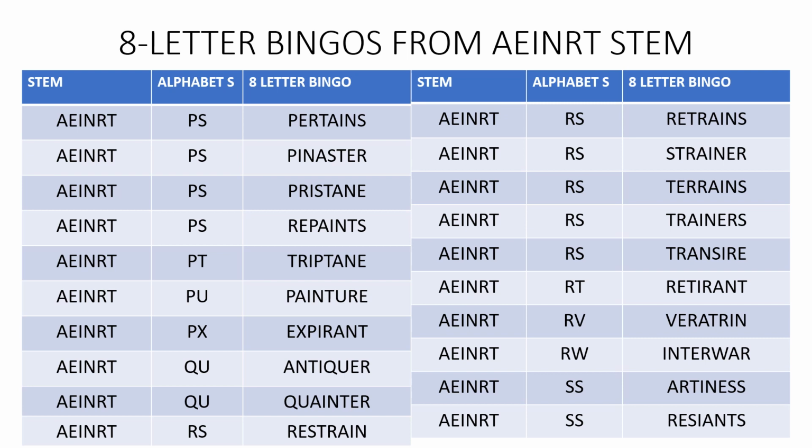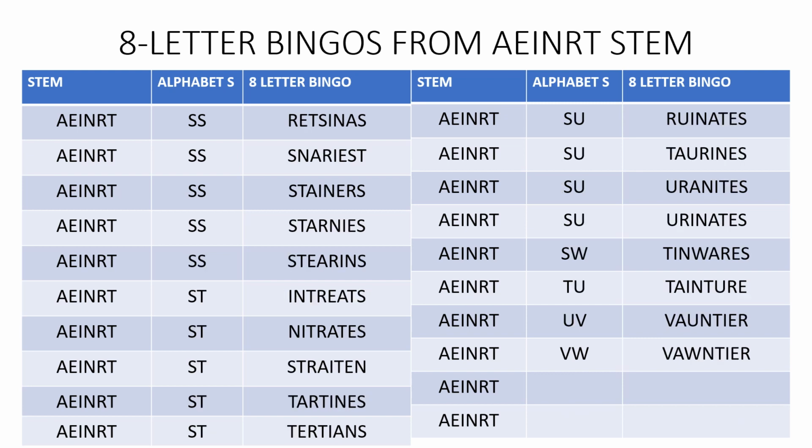You can have this with you for practicing again and again, and you will find that your game has improved a lot once you're capable of playing these 8-letter bingos.